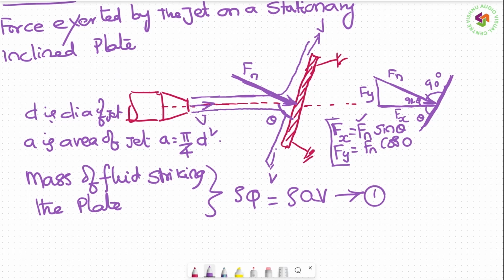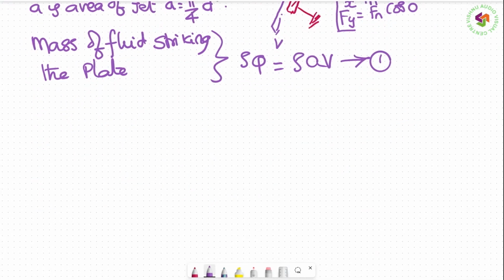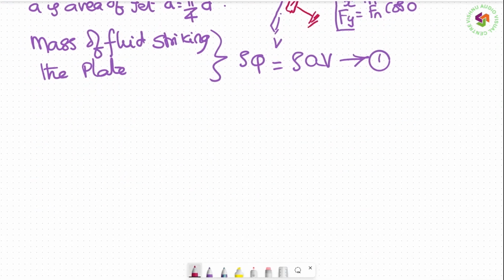Once this is over, the assumptions are the same. The plate is smooth, so naturally the friction between the jet and the plate is negligible. After striking the plate, the jet leaves tangentially. Now I go straight to applying the impulse momentum equation.